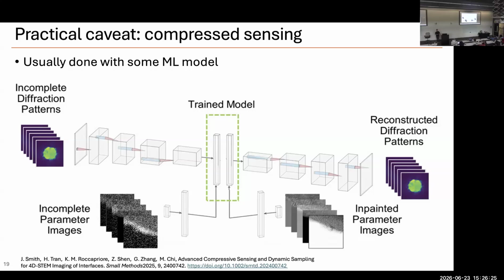When you start getting into 4D STEM, most of the reconstruction algorithms are done with some type of machine learning model. As Colin described, it's really sort of a backpropagation and loss fitting process. It lends itself really naturally to those types of ML architectures. So we're going to avoid this for today and just focus on simpler reconstruction models, especially for the digital twin.